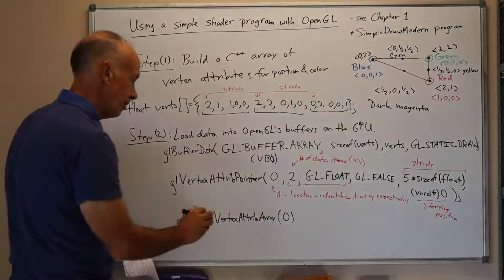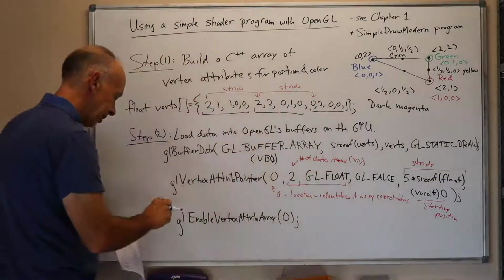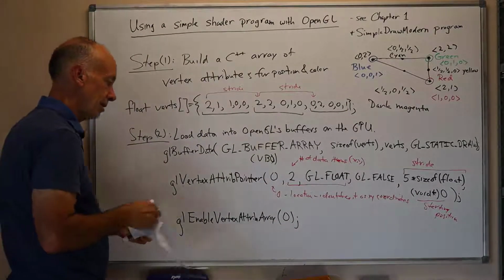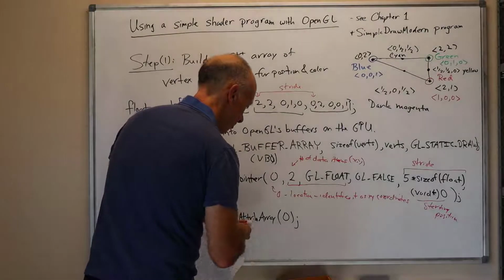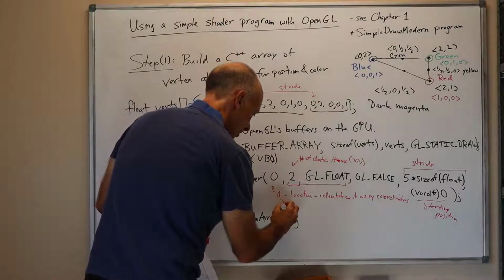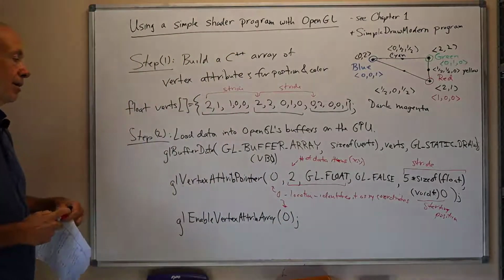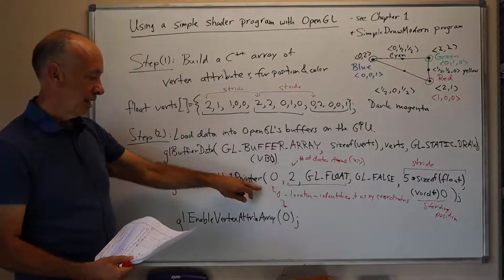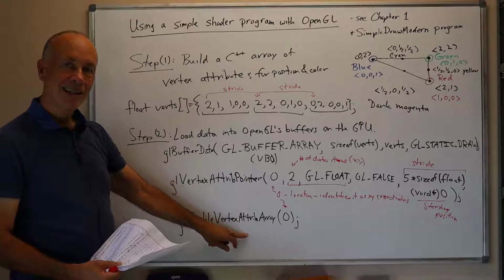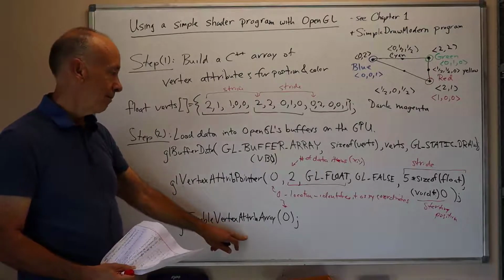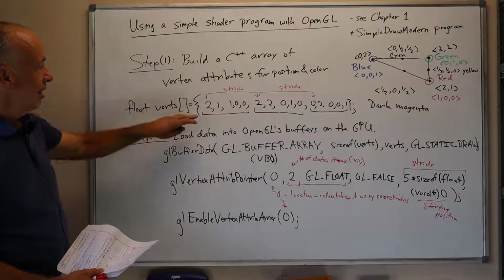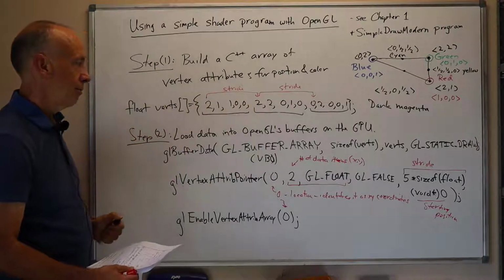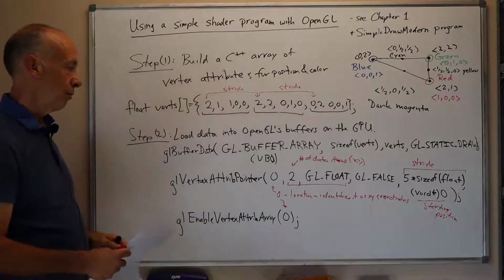And the 0, this is another OpenGL command, the 0 means location 0. So this 0 here is the same as this one here. So what we've done with these two commands is we've told it where the data is for location 0, and now this command says use the data in location 0. And these two commands then set up using XY values for position, tells the program where they are in the array.